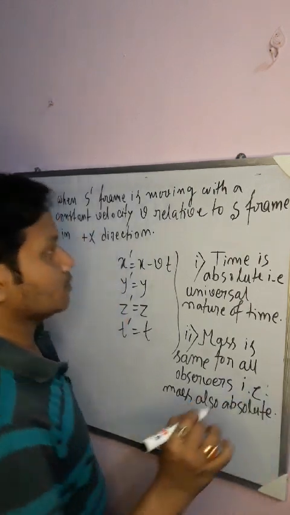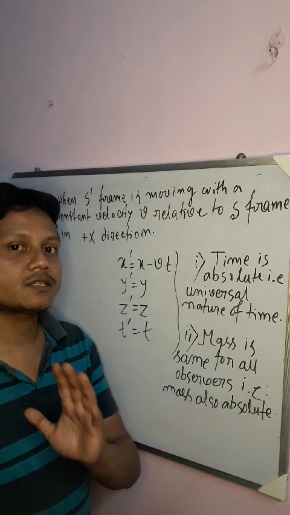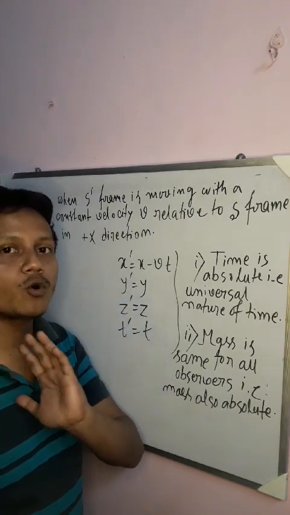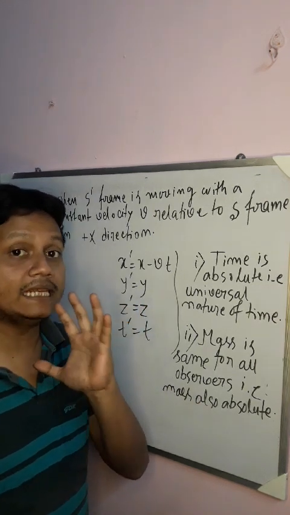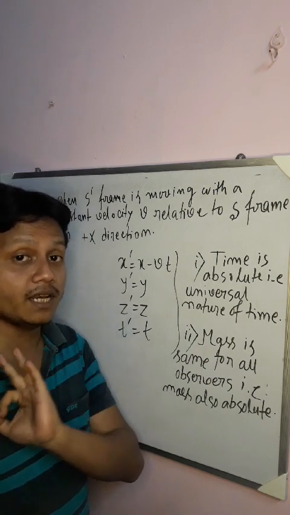So these are the Galilean transformation equations. In our next class we will discuss a few important issues, that is, Galilean invariance. What is Galilean invariance, I will discuss in my next class.